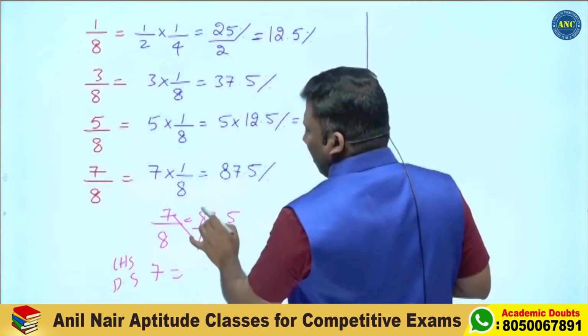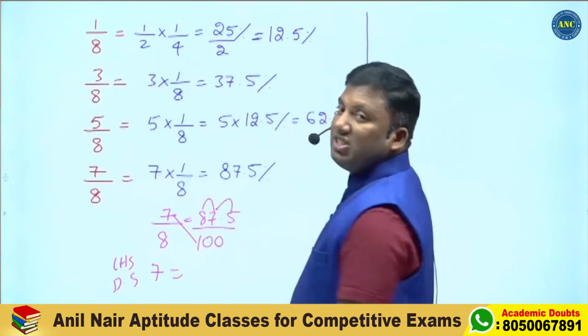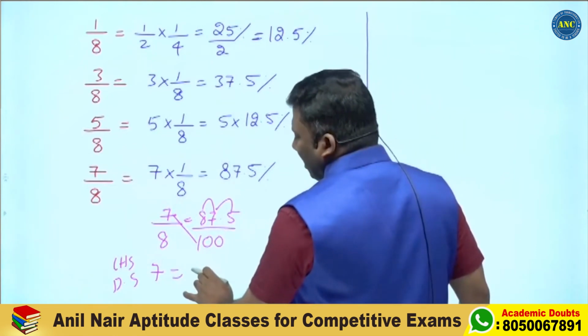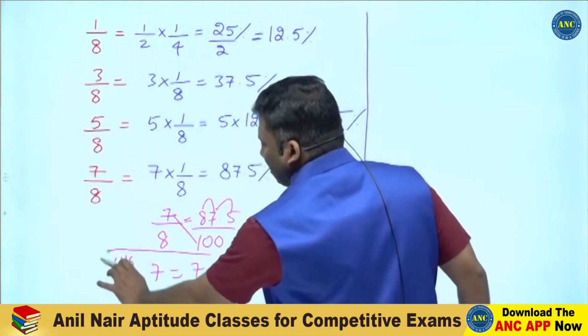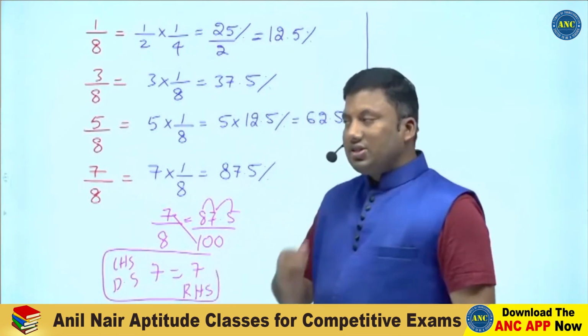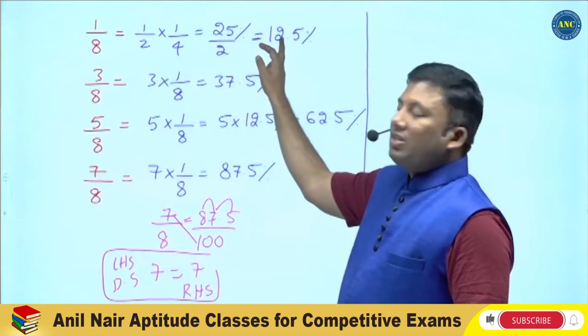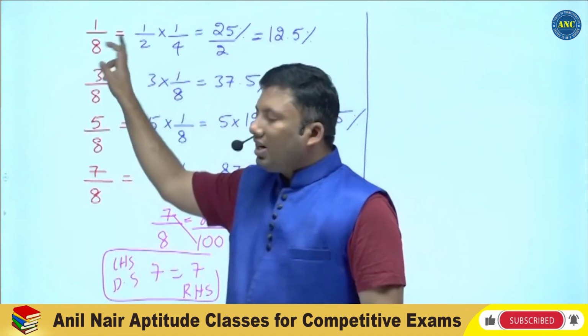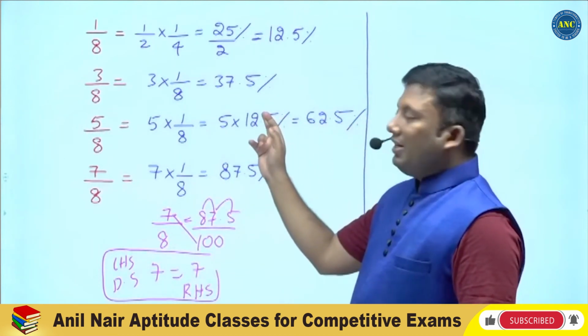Right hand side, 8 plus 7 is 15, 15 plus 5 is 20, digital sum is 2. 2 eights are 16. Left hand side digital sum is equivalent to right hand side digital sum. 5 plus 2 is 7, 7 plus 1 is 8, 8 eights are 64, and the digital sum of 64 is 1. I hope the idea is clear.